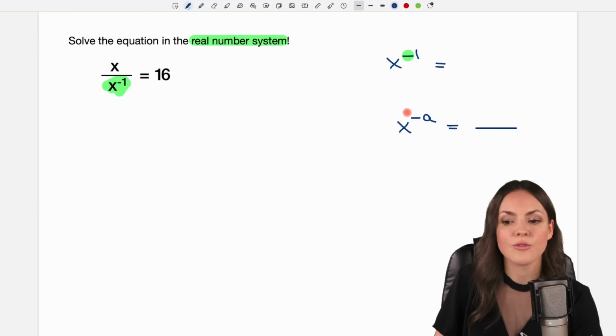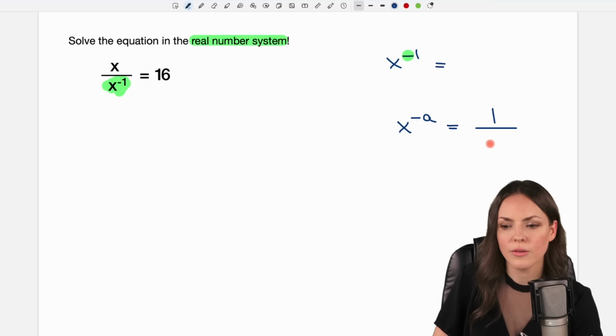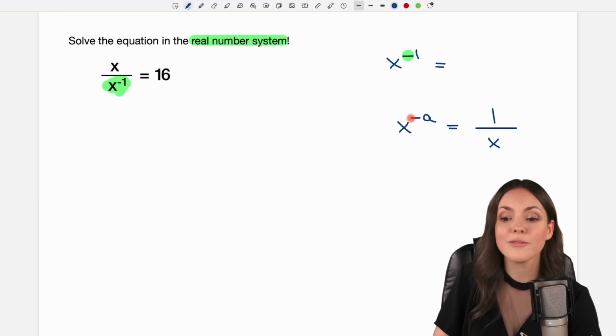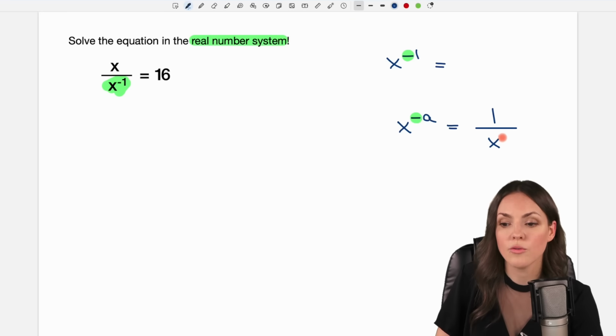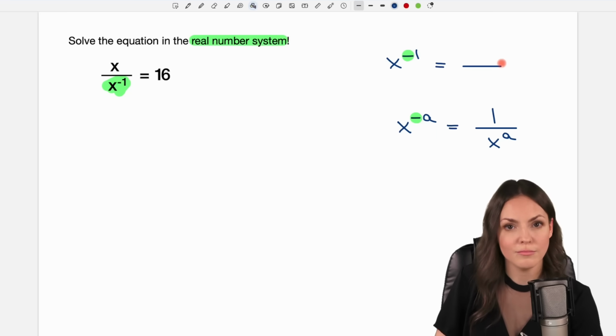So you can always write this as 1 over x to the power of a, where instead of the -a, you make it positive.